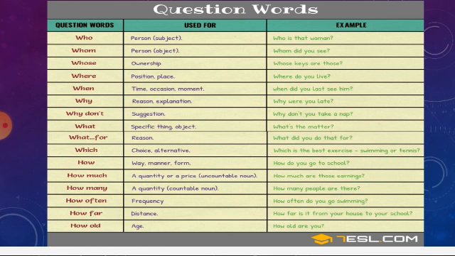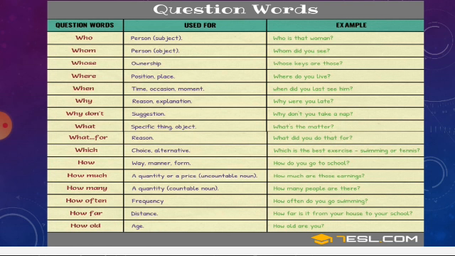Next, what for? What for is what along with the preposition, used when you want to know the reason. For example, what did you do that for?